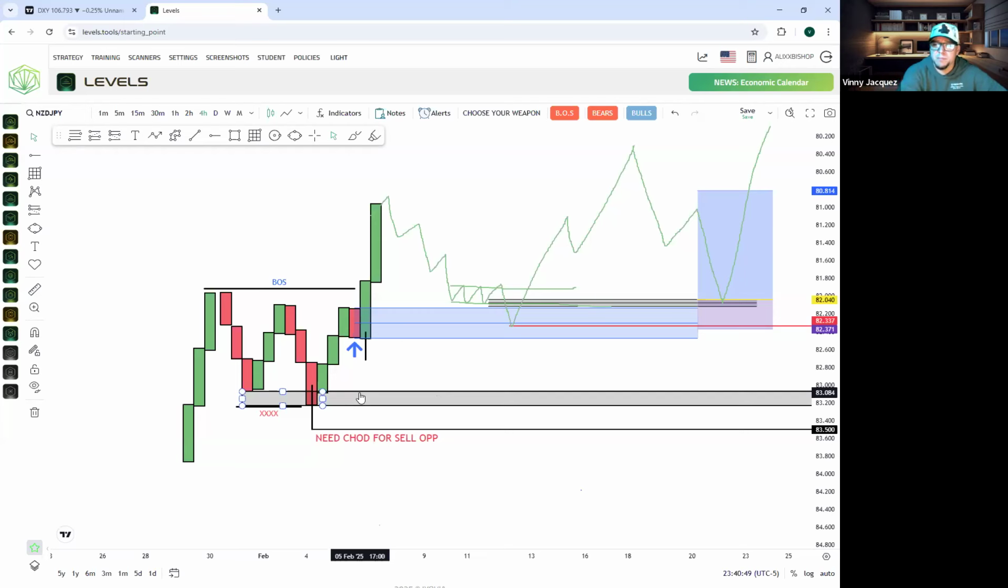Now, for me personally, this is just how I approach it. I'm not watching everybody's boot camp to add on to my levels strategy. I'm focused on levels, market structure, smart money with the liquidity and everything. With everybody's boot camp, I'm just confirming the things that I need to know with levels. So take that little gem with a grain of salt. I'm not adding EMAs. I'm not adding volatility, or volume and divergence.